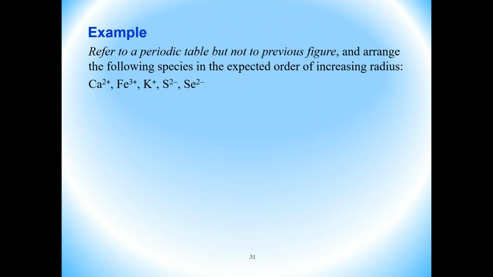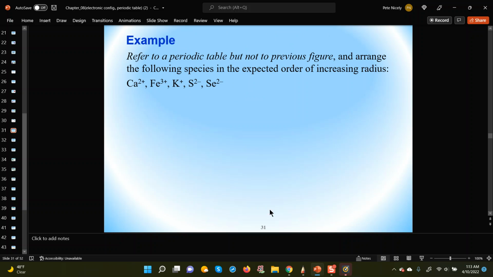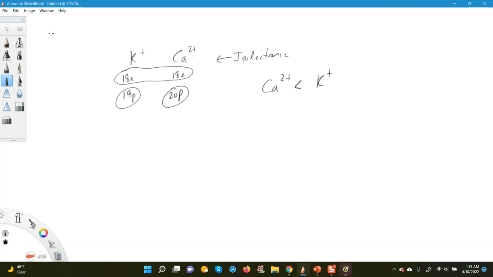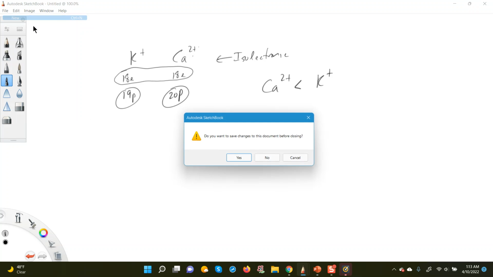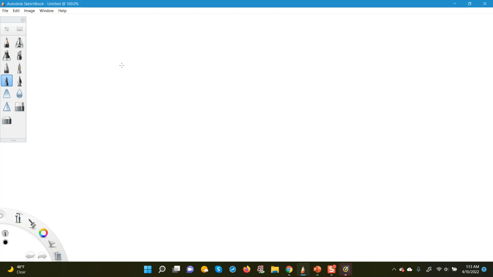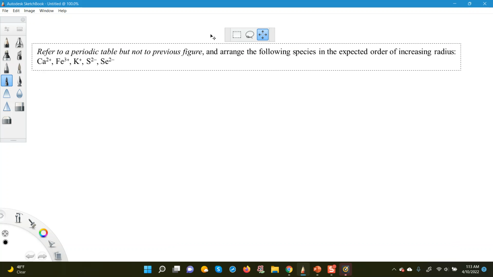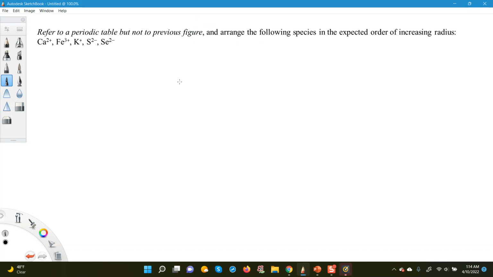Okay, so let's look at this example. The question says, refer to a periodic table, but not to the previous figure. Arrange the following species in the expected order of increasing radius. So again, we're starting from the smallest to the largest. So what I'm going to do here is copy and paste this to my writing pad right here. Okay, so this is the question here.